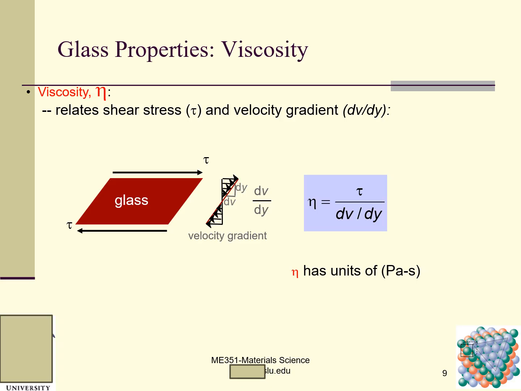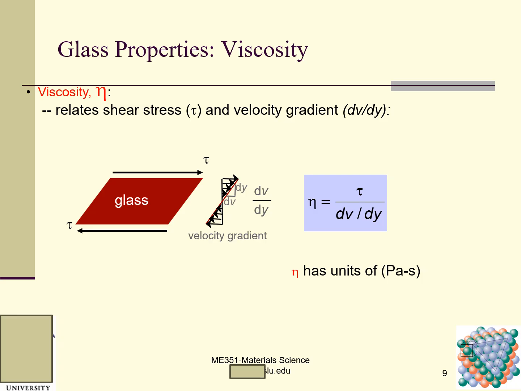How do we define viscosity? Viscosity relates shear stress and the velocity gradient. Whenever you see gradient, it means the change of something with respect to position or location.